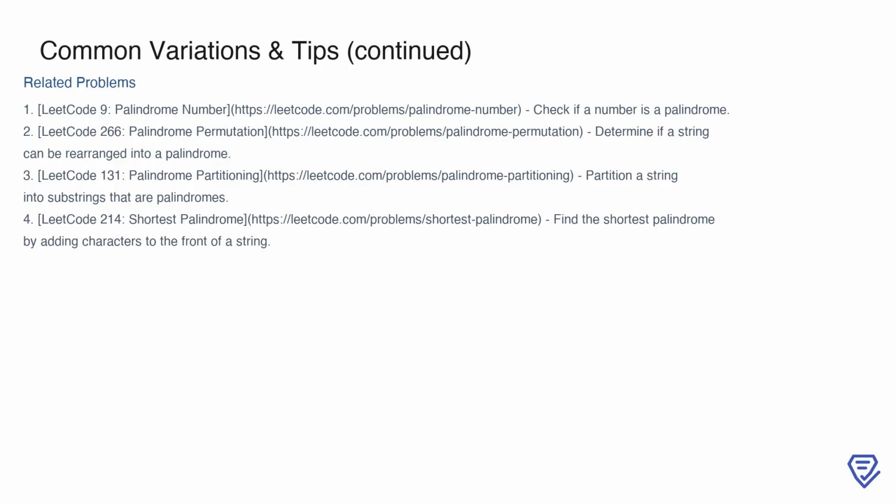Another related problem is LeetCode 131, Palindrome Partitioning, where the goal is to partition a string into substrings that are all palindromes. Finally, LeetCode 214, Shortest Palindrome, challenges you to find the shortest palindrome by adding characters to the front of a string. These problems share concepts like palindrome detection, symmetry, and optimization strategies, so working through them can help you build a deeper understanding of the patterns and techniques involved.